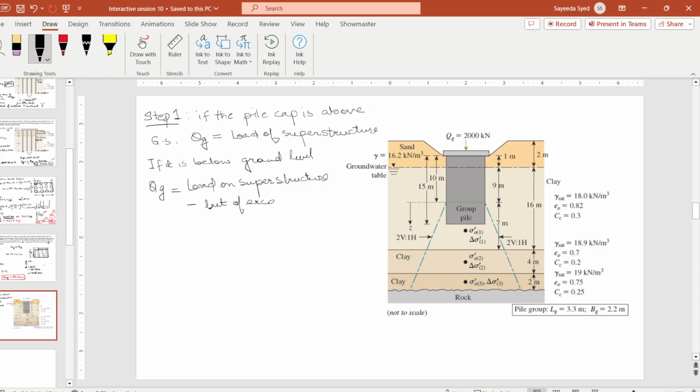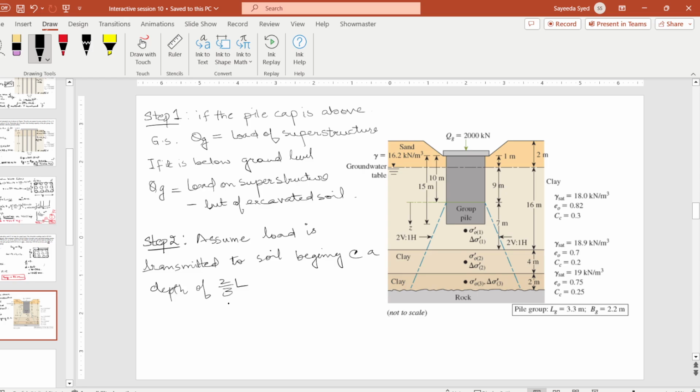Step two is that we assume the load is transmitted to soil beginning at a depth of 2 by 3 L. From here, we see that the load is getting transmitted and we see the distribution of load.